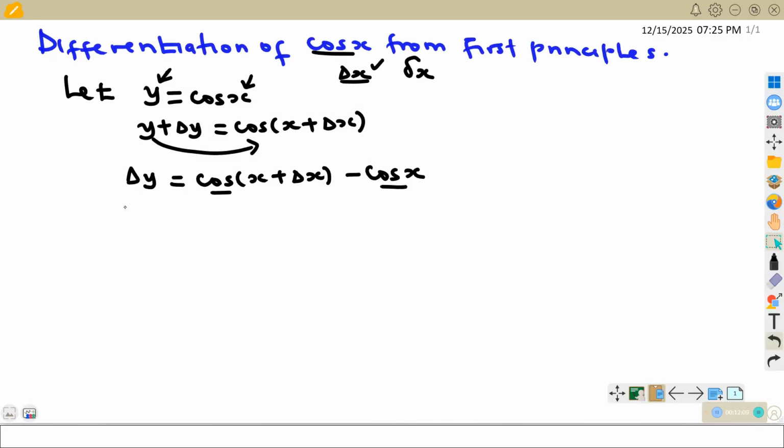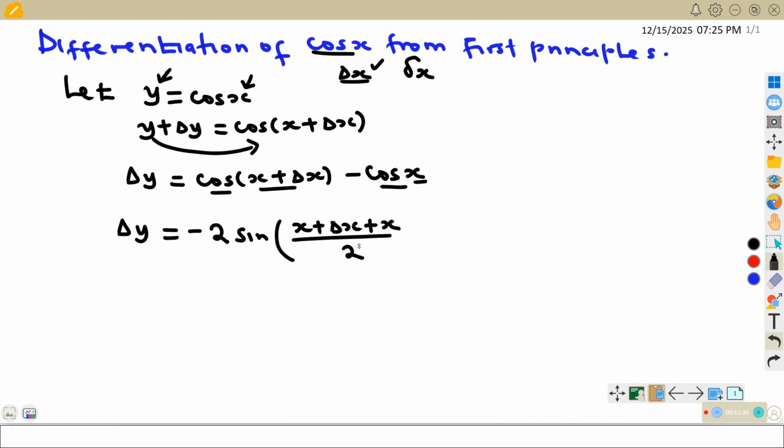We shall have delta y equal to minus 2 sine of, get this angle x plus delta x, add there x, then divide this by 2.